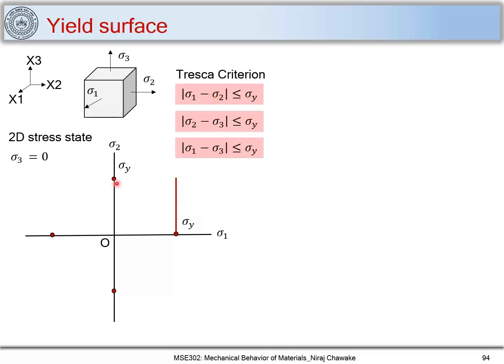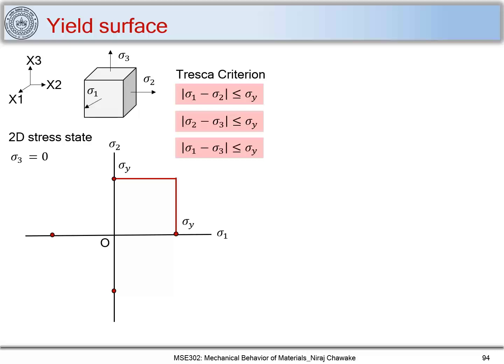When sigma 2 is positive and sigma 1 also is positive and sigma 2 is greater than sigma 1, then this relation will be valid over here, that is sigma 2 minus sigma 3 is less than or equal to sigma y. So basically this is the line which will be represented by this relation. So let me write it down.